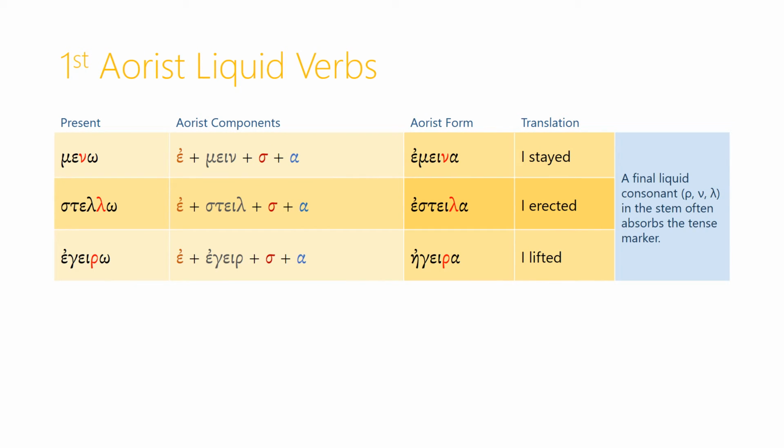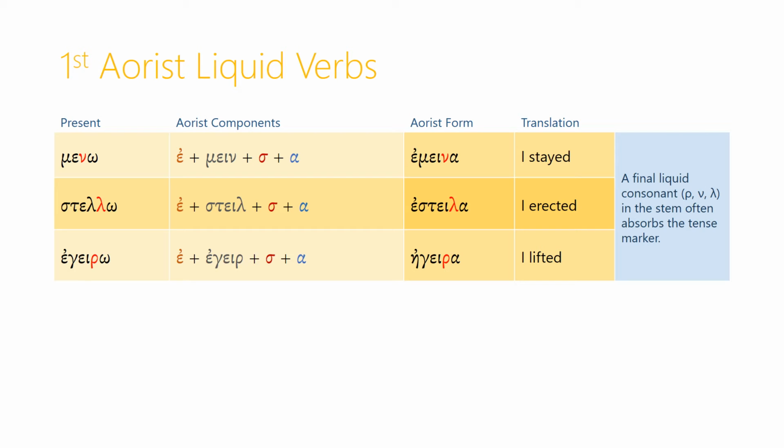There's a slightly different kind of combination that happens with first aorist liquid verbs. That is, verbs that have a liquid consonant as the last consonant of the stem. What do we mean by a liquid consonant? These are rho, nu, and lambda, and it's a consonant that you can continuously pronounce without stopping or without having to stutter.